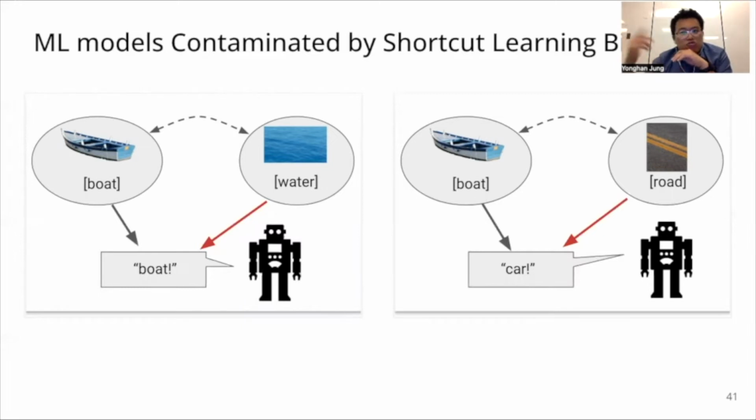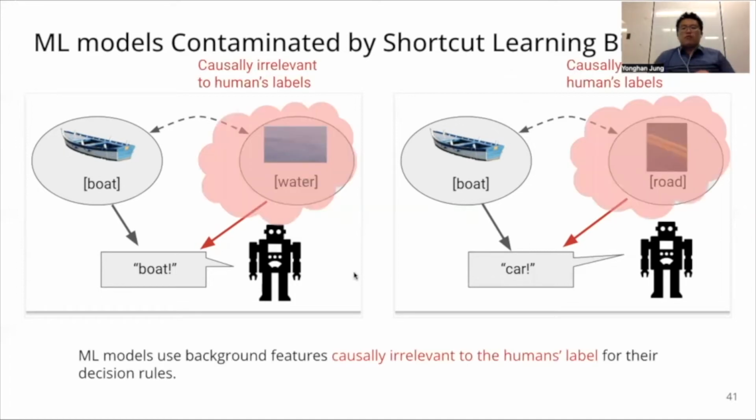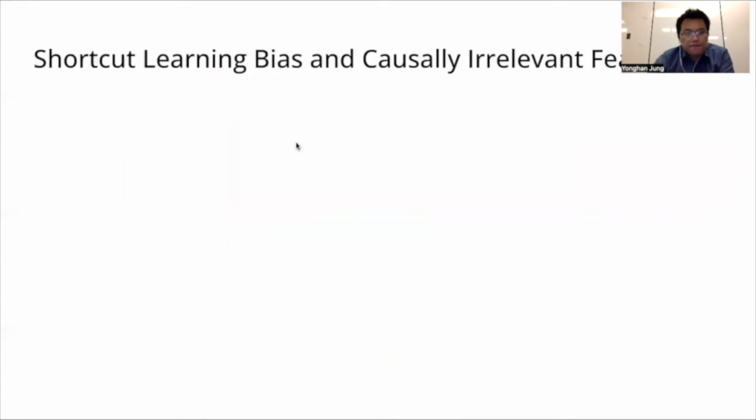And because they use the unintended features, the machine learning models make mistakes, classifying this object as a car because they use this road object. In other words, these objects which don't cause the human's label, machine learning models use, though they are causally irrelevant to the human's label, and make a mistake.